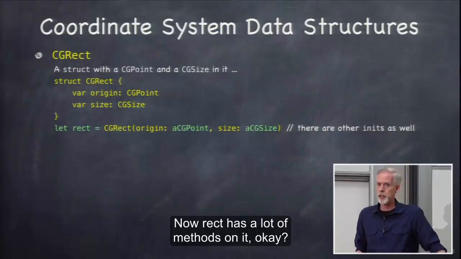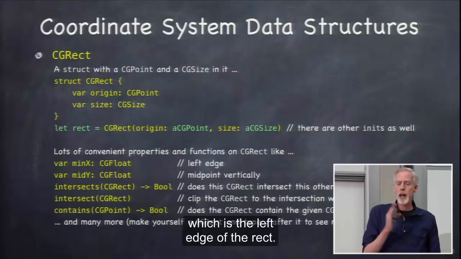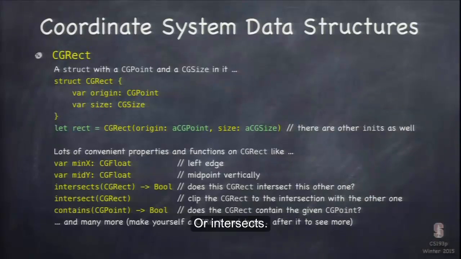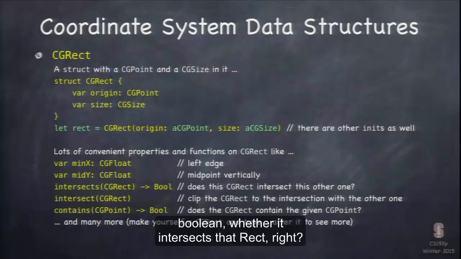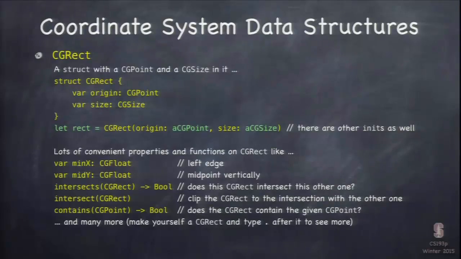Now CGRect has a lot of methods on it. Okay, rect has things like minX, which is the left edge of the rect, or midY, which is the midpoint of the rectangle vertically, or intersects, where you pass it another rect, and it'll tell you as a Boolean whether the two rects overlap. Or intersection, which says take this other rect and create a smaller rectangle, which is the intersection of those two rects.